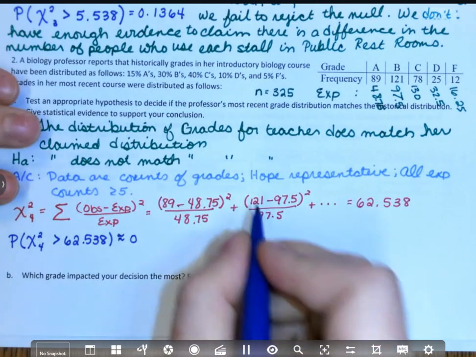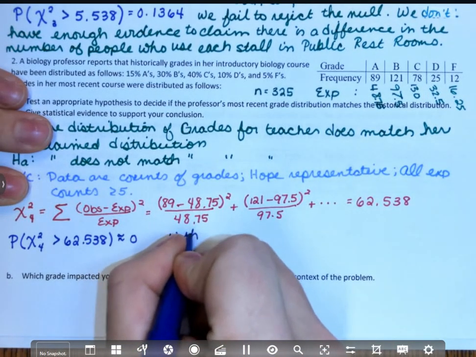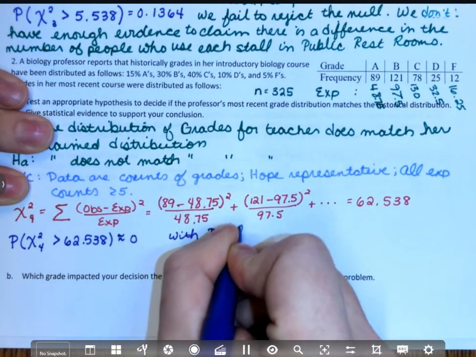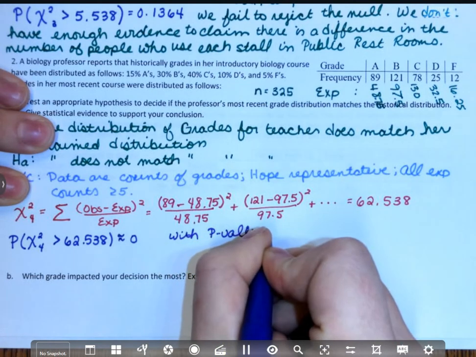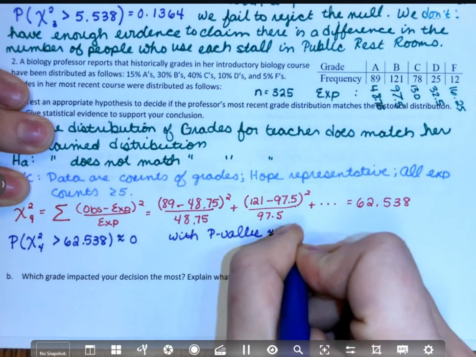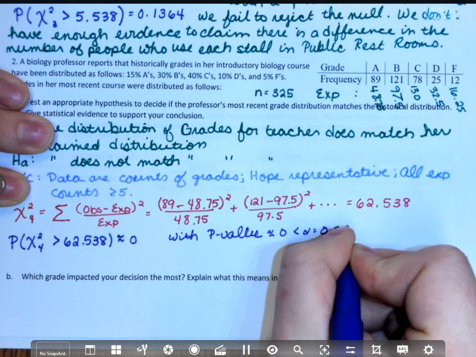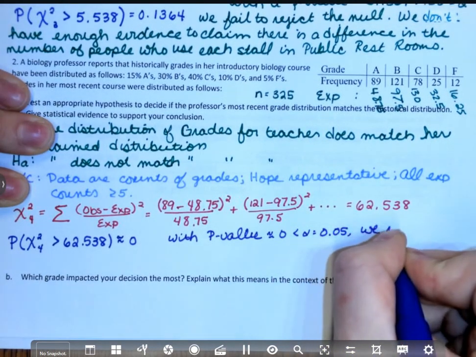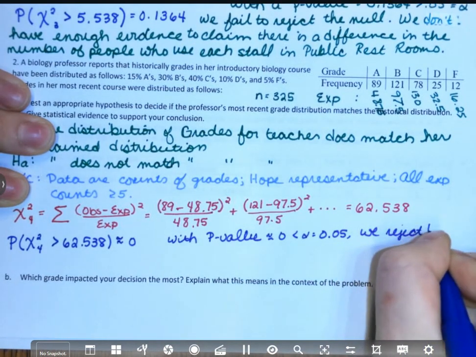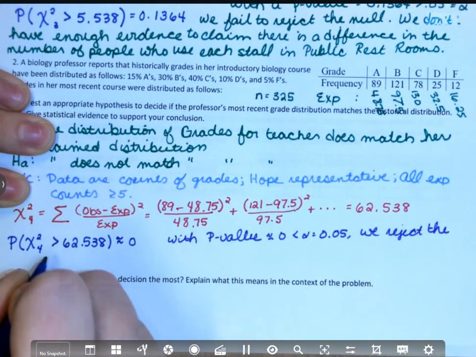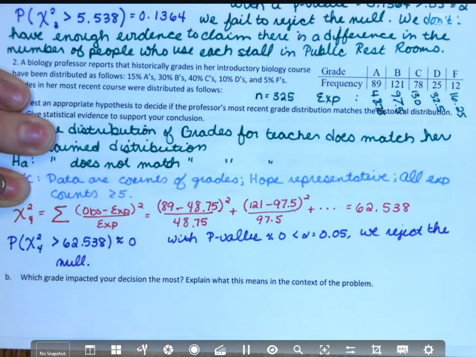We reject. So we're going to say with a p-value of approximately 0, that's going to be less than really any alpha, but I'll say alpha of 0.05. We reject the null. And what are we going to say?